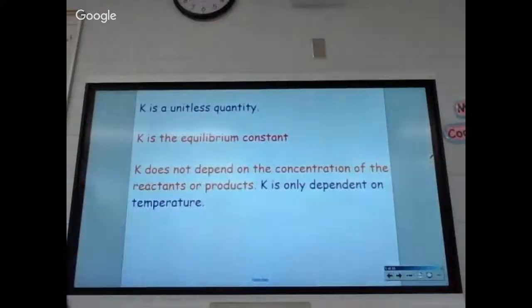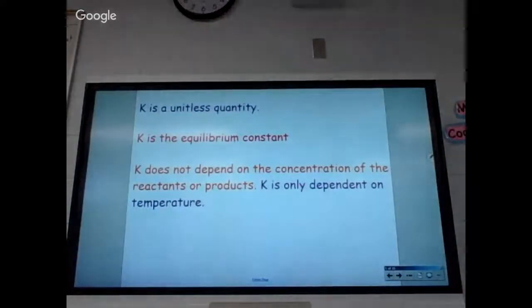Now, fortunately for y'all, the state does not want y'all to memorize the rules for how K is dependent on temperature, so I'm not going to make y'all learn those. You just need to know that K changes with temperature. You don't have to know if it's endothermic or exothermic or whether K changes based on that.